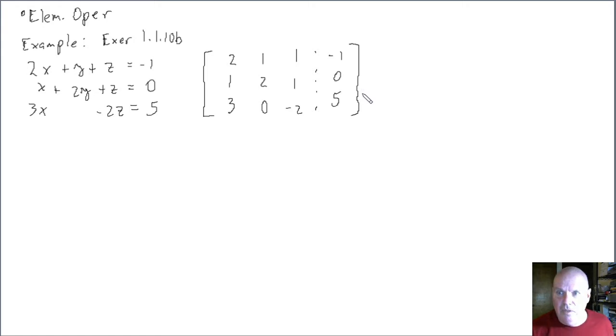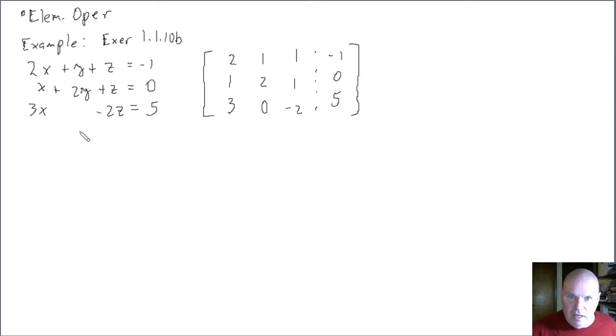So I'm going to go through a sequence of operations here. I'm going to try to get the coefficient portion of the augmented matrix into upper triangular form, where all of the elements to the left and below the diagonal are equal to 0.